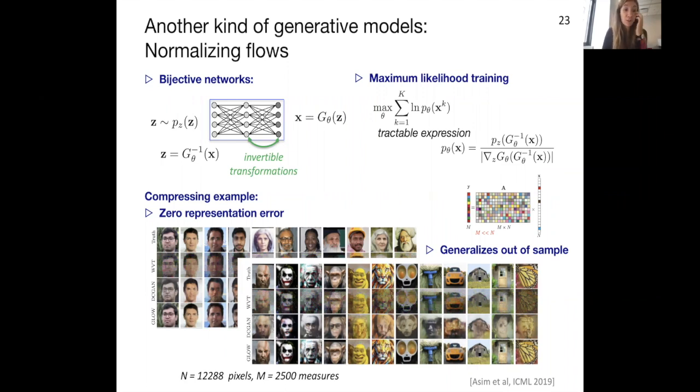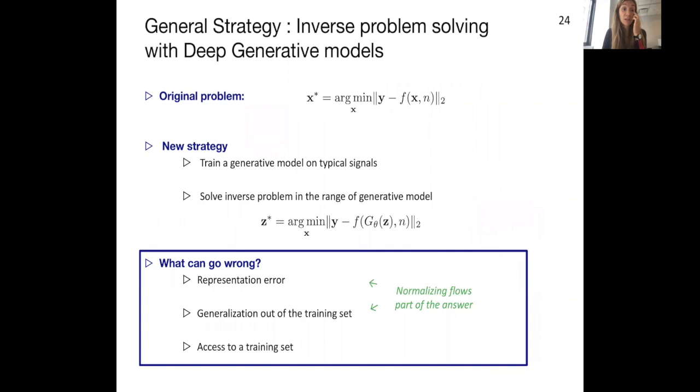If we go back to this general strategy slide with what can go wrong, normalizing flows are part of the answer for those first two problems. But I think what is much more salient is the very problem of even having access to a training set. What I'm going to say next is for now restricted to the case of images.